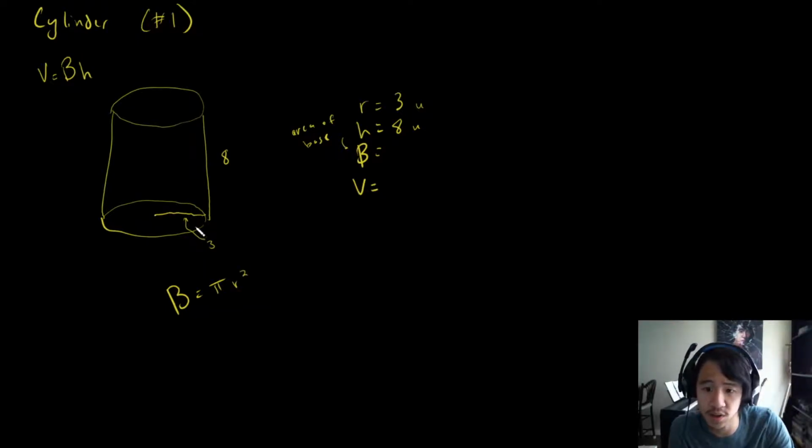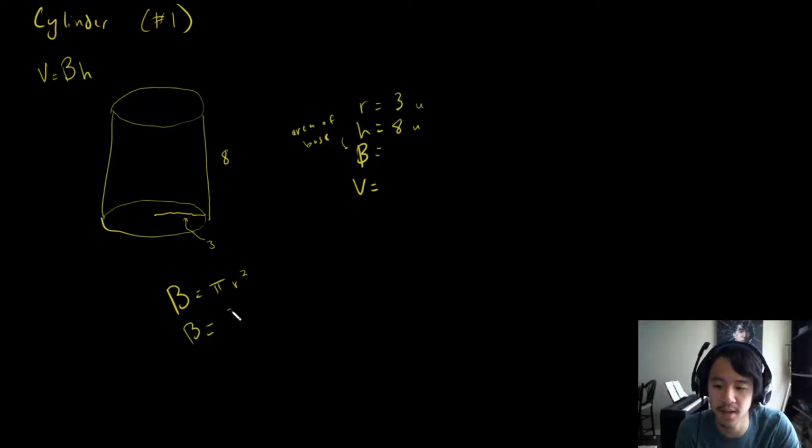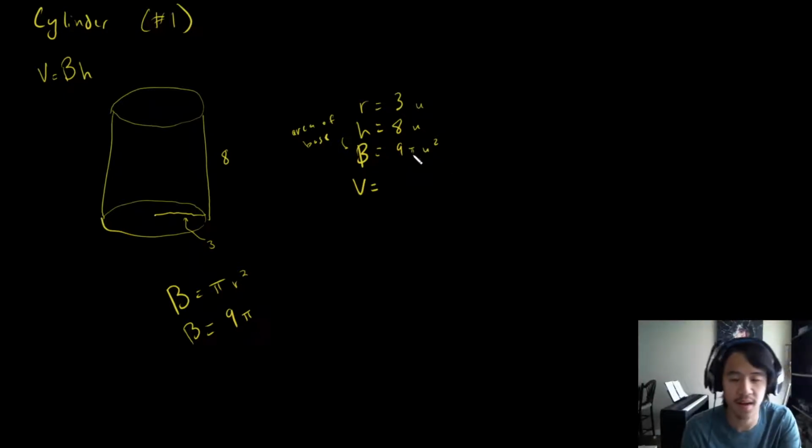So r is 3. We just filled that out earlier. So B is going to be 9 pi. So this is going to be 9 pi units squared. I prefer to leave this as 9 pi, but you can also do pi is 3.14, and you can evaluate that if you would like.